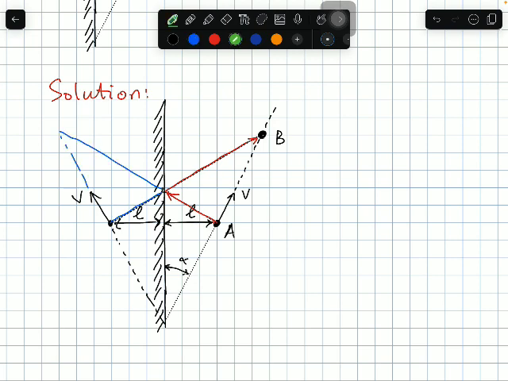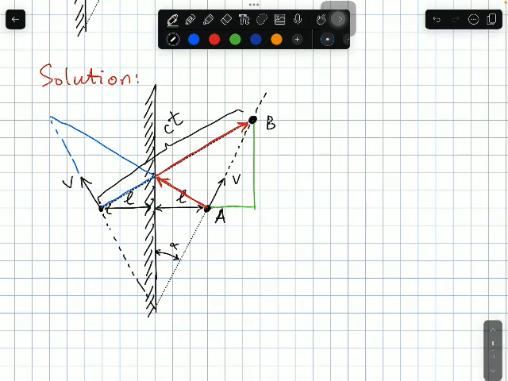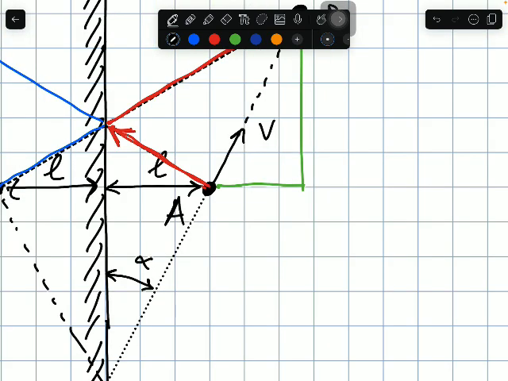Here we can just make a very simple triangle. If we look at this larger triangle, we see that this whole distance traveled by the sound is the same as the red arrows in the real world hitting the wall and bouncing off it. So this will be c times t, speed of sound times t. If we look closely, the speed of the car can be decomposed into two components.